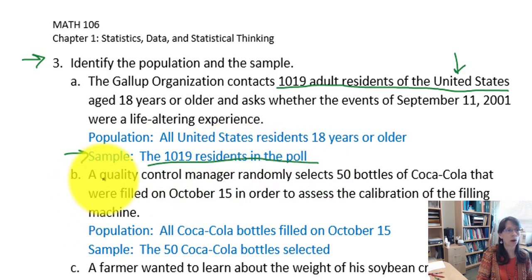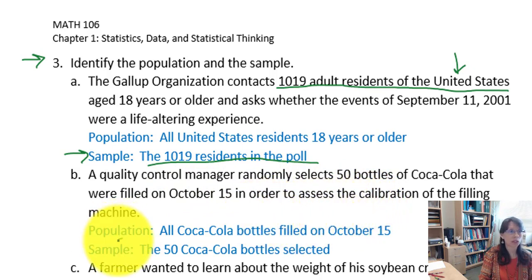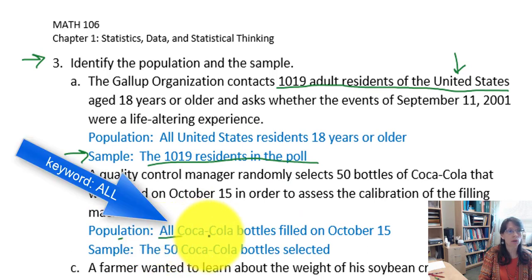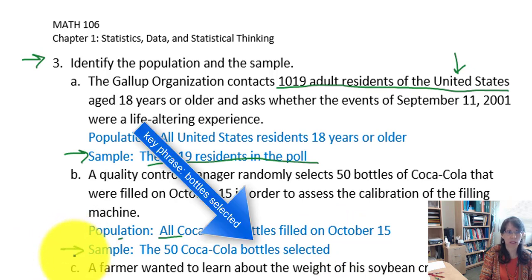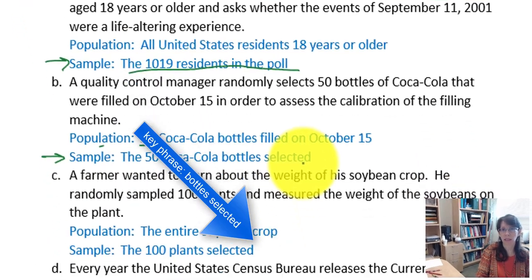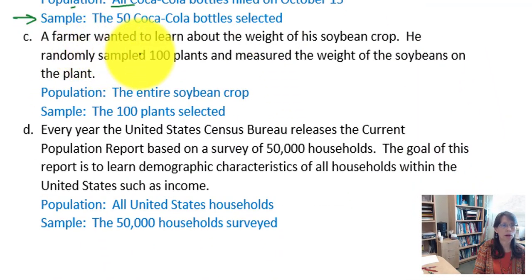In part B, a quality control manager randomly selects 50 bottles of Coca-Cola that were filled on October 15th in order to assess the calibration of the filling machine. So the population of interest here would be all Coca-Cola bottles filled on October 15th. But more specifically, the sample we are interested in would just be the 50 Coca-Cola bottles selected. In part C, a farmer wanted to learn about the weight of his soybean crop.